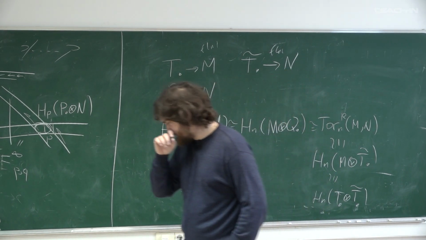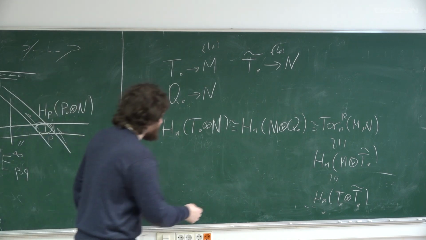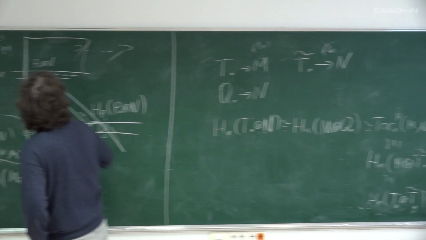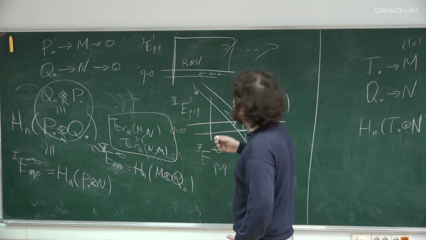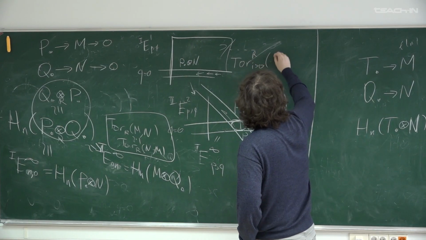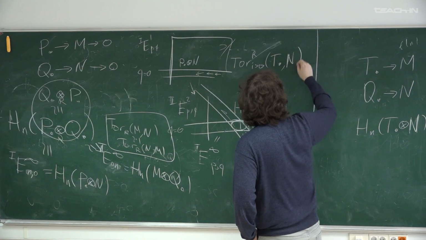Why? Because these elements on the first page are not Tor with anything. It's Tor, non-zero Tor between T dot and N, fixed N.